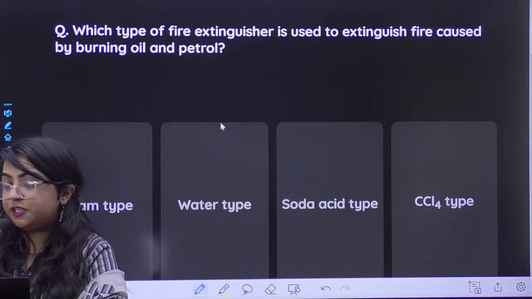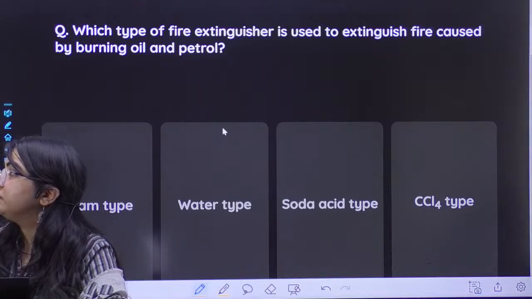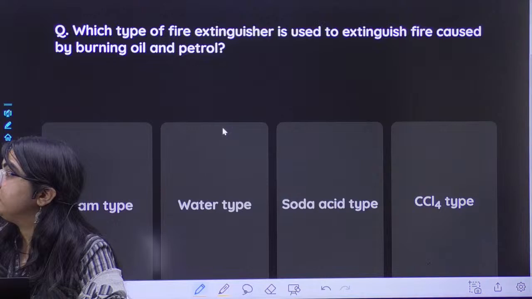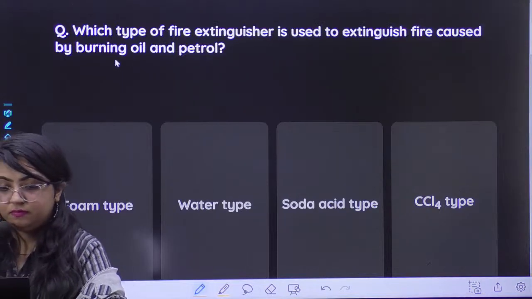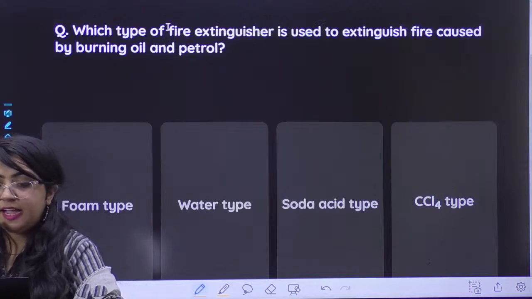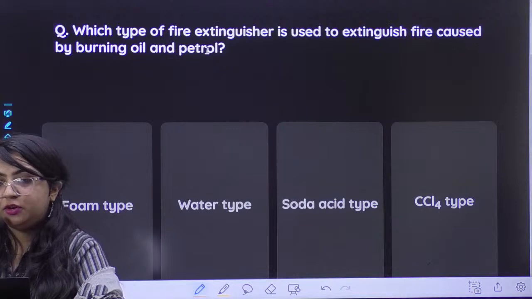Please mark the options. Find the best fire extinguisher for two liquids, that is oil and petrol.